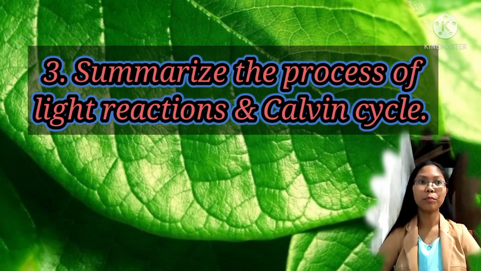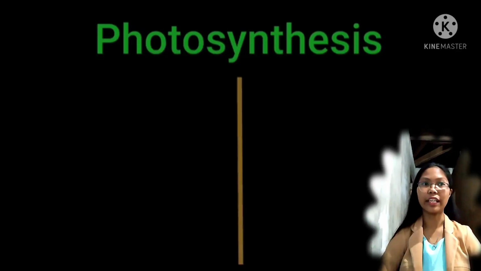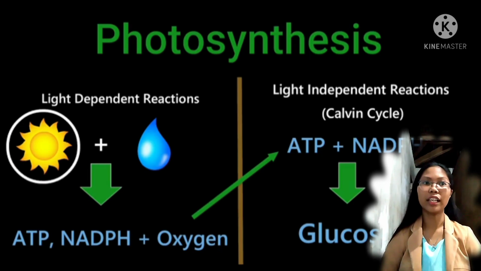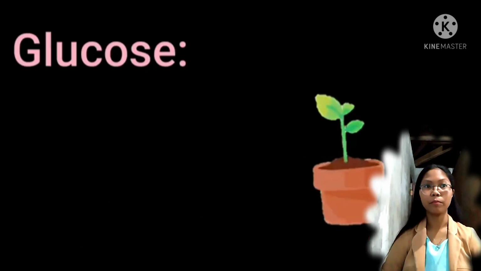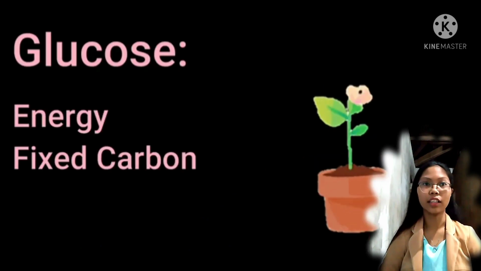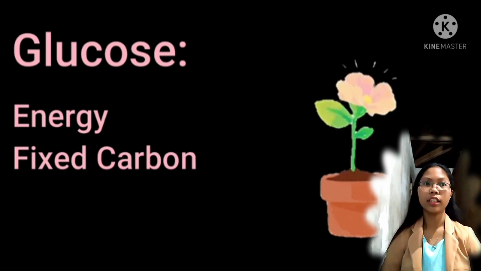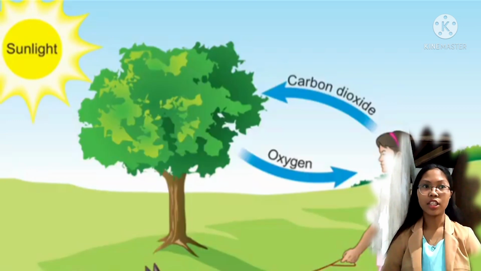Number 3. Summarize the process of light reaction and Calvin cycle. Photosynthesis takes place in two stages, the light-dependent reactions and the Calvin cycle. Light-dependent reactions, which take place in the thylakoid membrane, use light energy to make ATP and NADPH.